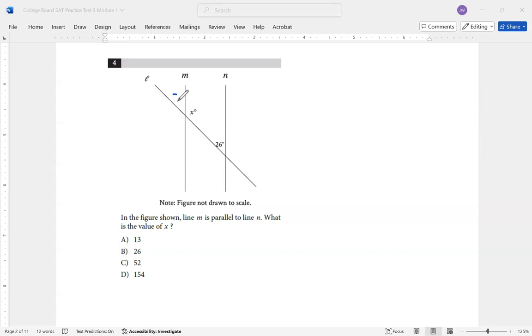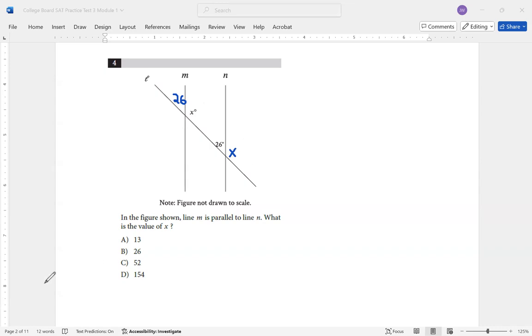So this angle is also going to be 26 degrees. Or you could do it the other way where this angle X here has to be the same as this X.